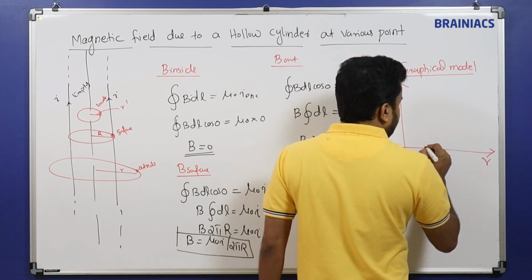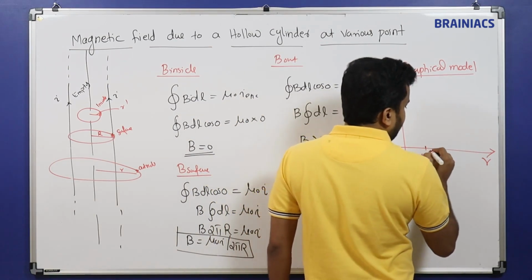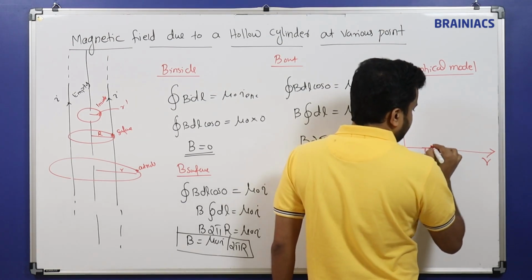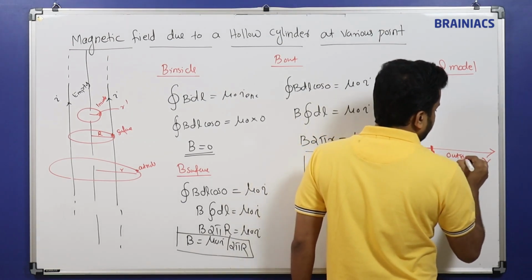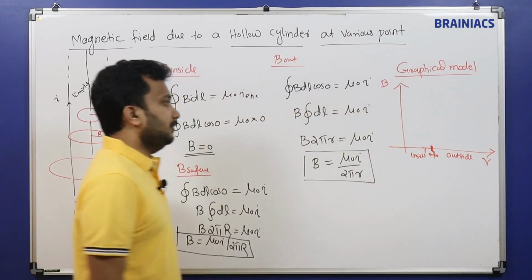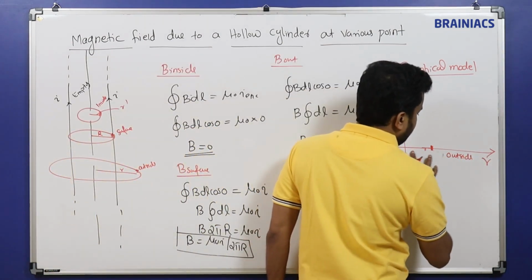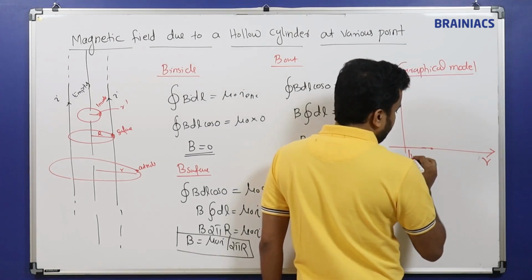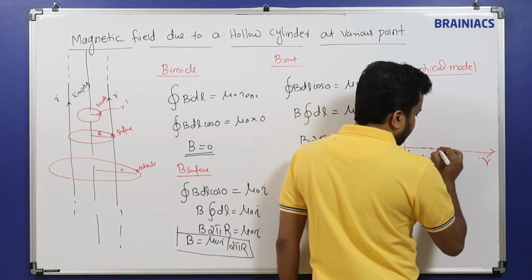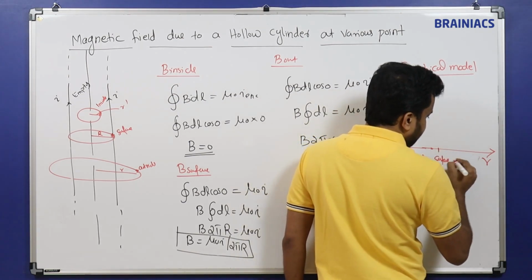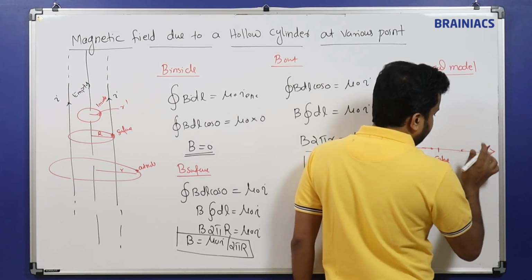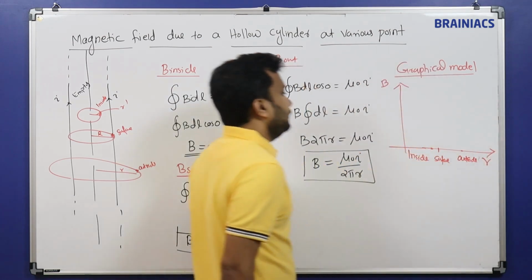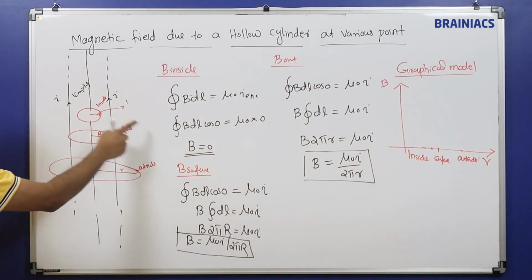We have an inside point, we have the surface, this point is exactly on the surface, and here we have outside points. Inside, surface, outside.